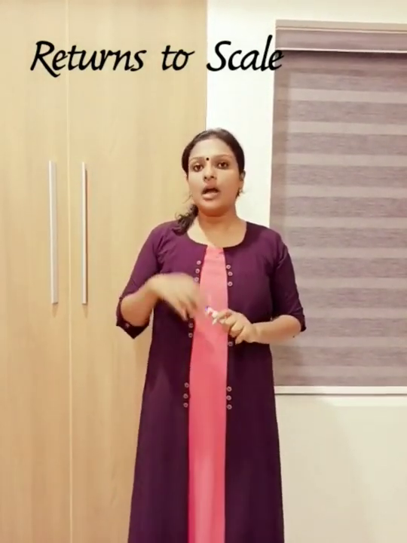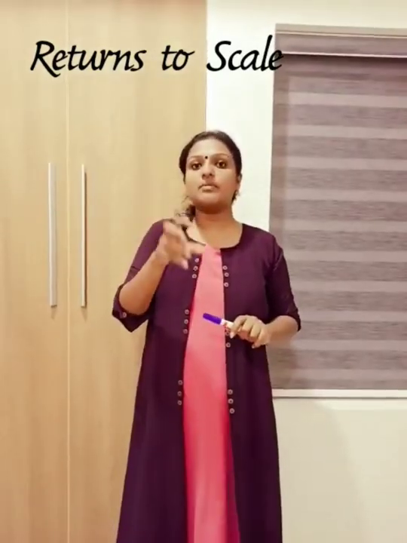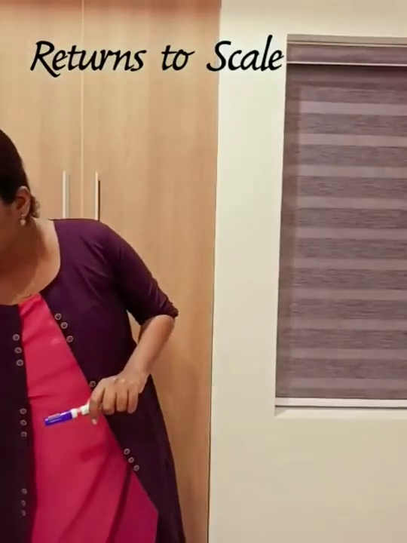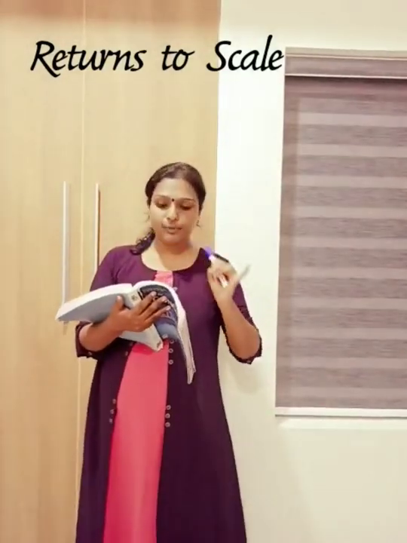Now you have to differentiate between returns to scale and returns to factor. So you have to make a table with two columns, returns to factor and returns to scale. I'll be posting that, but you can understand it now first. In returns to factor, only one input is changed.